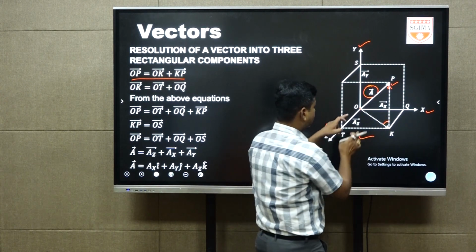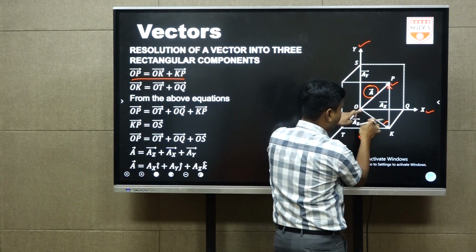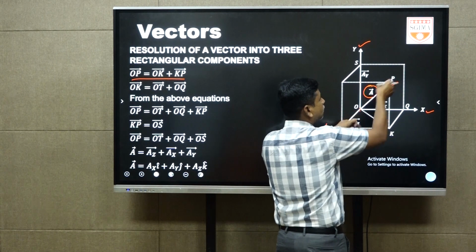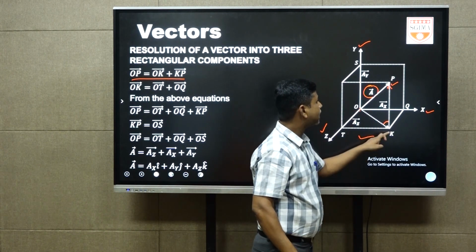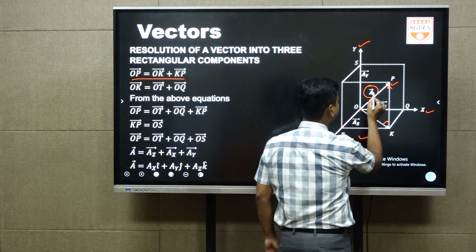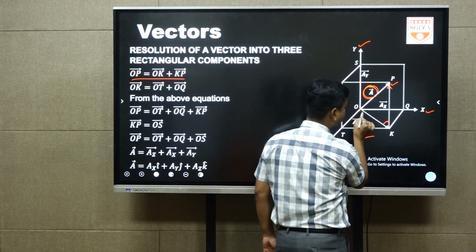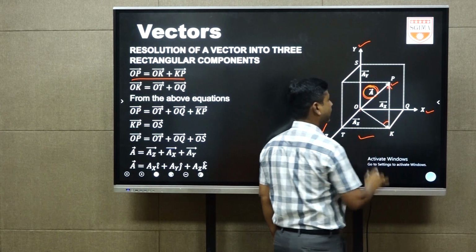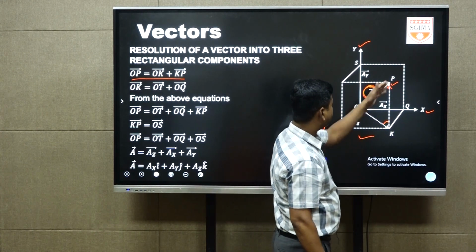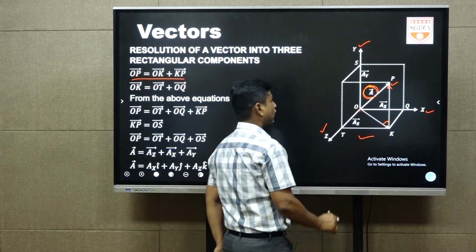Taking OK as the baseline, perpendicular to that is KP, and OP gives the resultant of OK and KP. The given vector is A bar, with OK and KP, and KP acts in the upward direction.